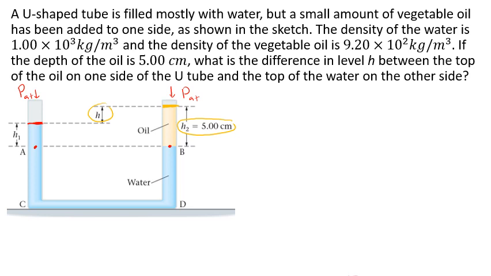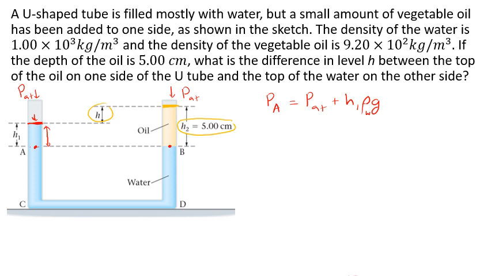Now the pressure at point A is equal to the pressure of this water column, the height of this part, plus the pressure at this point, which is the atmospheric pressure. So the pressure at point A is atmospheric pressure plus the height of the water column, H rho G. Since rho refers to water, I will put W, so rho W means the density of water.